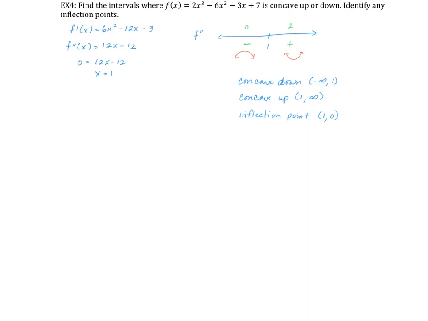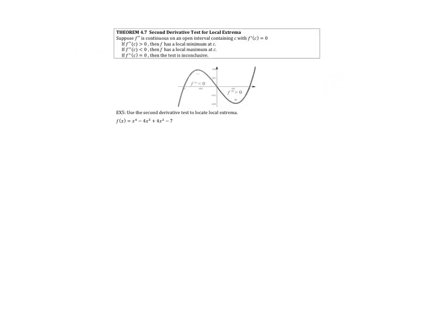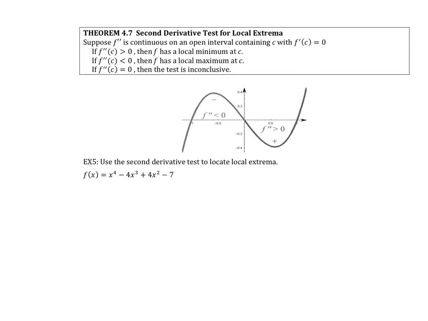So we use the first derivative to find increasing, decreasing, and we use the second derivative to find concavity. We've also used the first derivative to find our local extrema and absolute extrema, if there's just one local extrema. But we can also use the second derivative to test for local extrema as well.